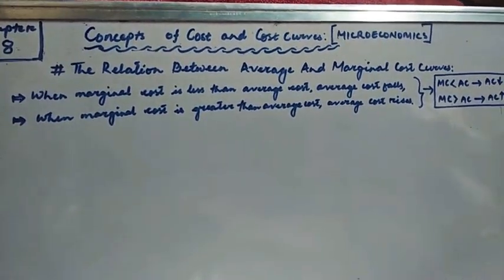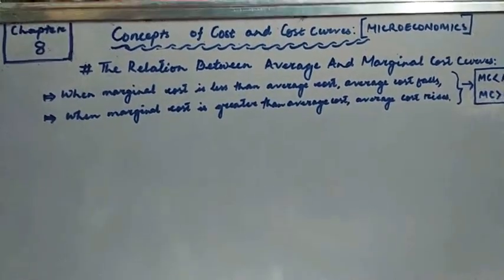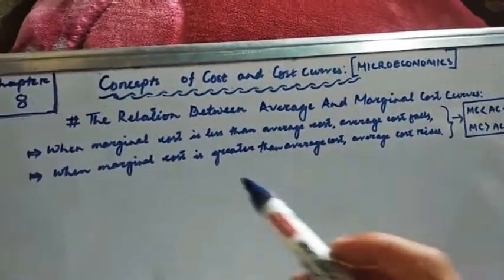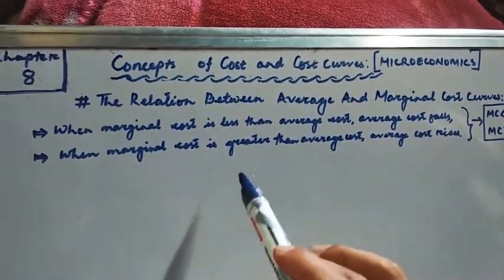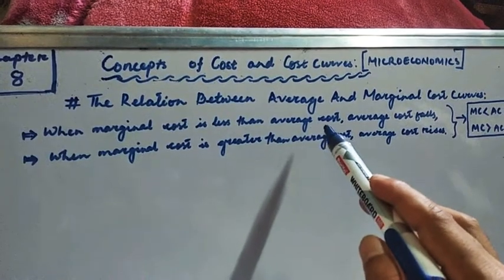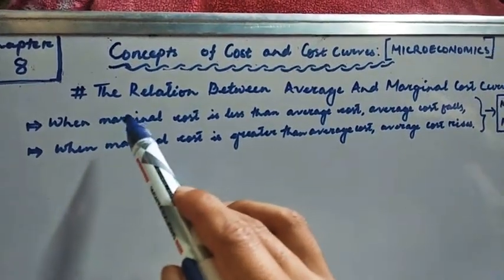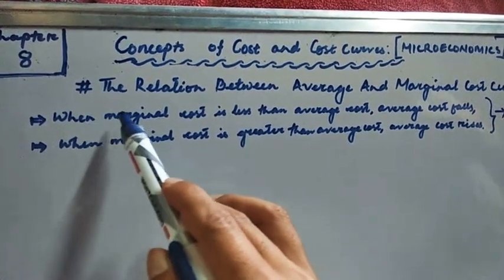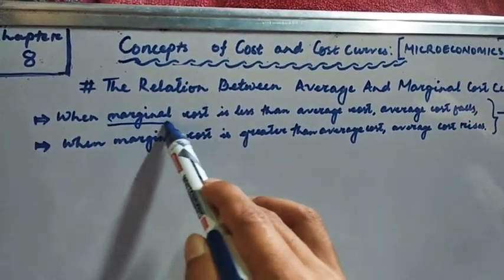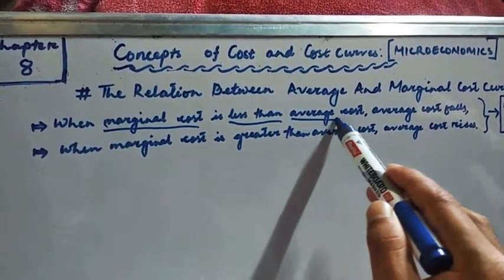So what is the basic relation that both of these curves have? By looking at this sentence, you will be clear about the relation between average cost and marginal cost curves. The first relation is when marginal cost, when MC is less than average cost.